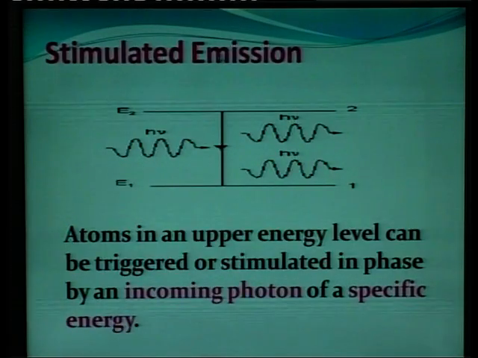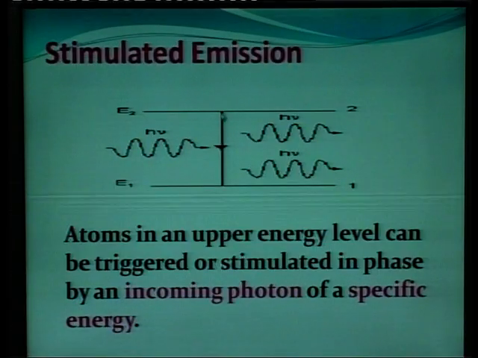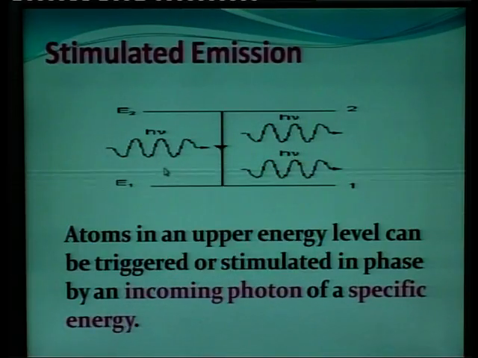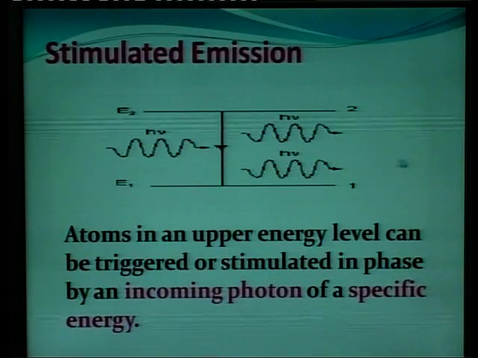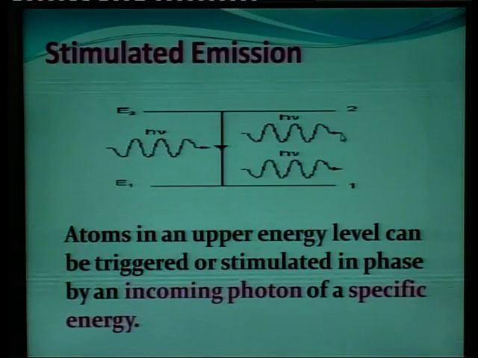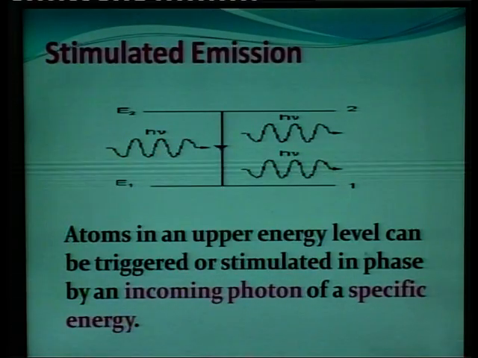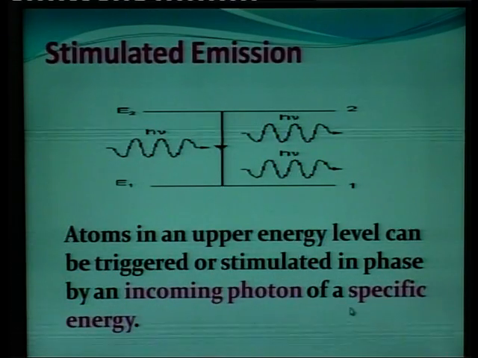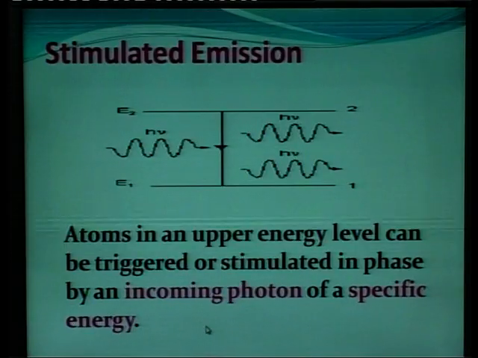So this is what we mean by stimulated emission, that this atom is de-excited in the presence of an external photon. So in this way, from one we get 2 photons, then these 2 photons will further de-excite or trigger 2, and then we will get 4 photons, and then these 4 will de-excite next 4, and in this way 8 and 16 and so on. So atoms in the upper energy level can be triggered or stimulated in phase by an incoming photon of a specific energy. So this is what we mean by stimulated emission.